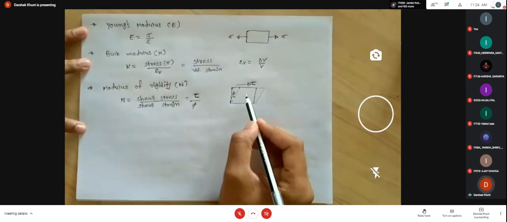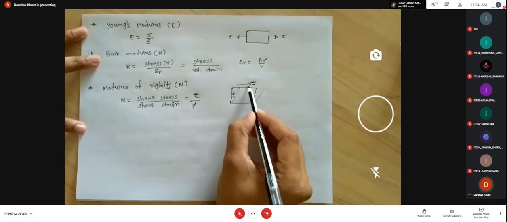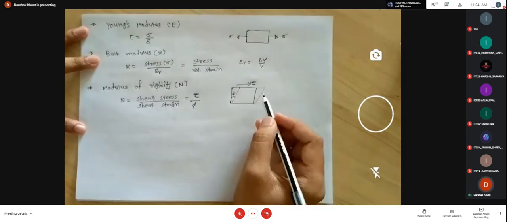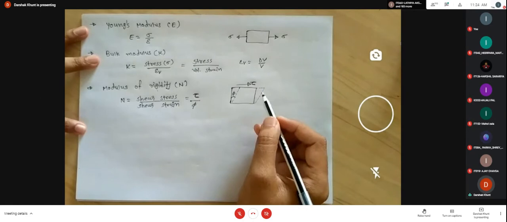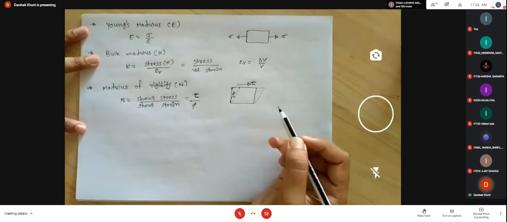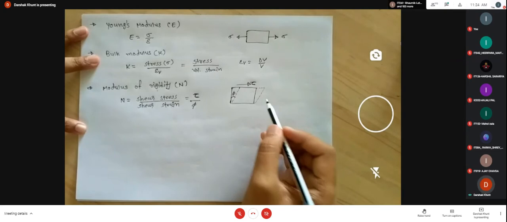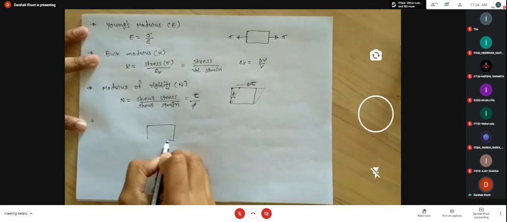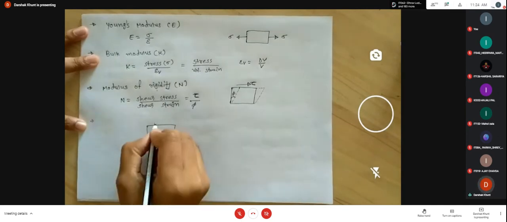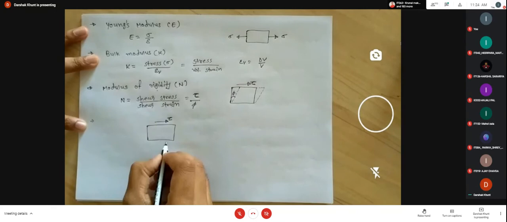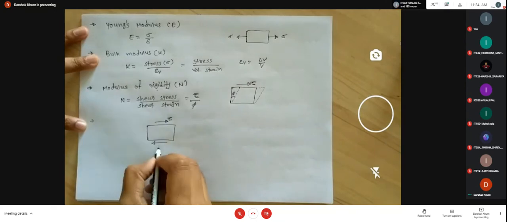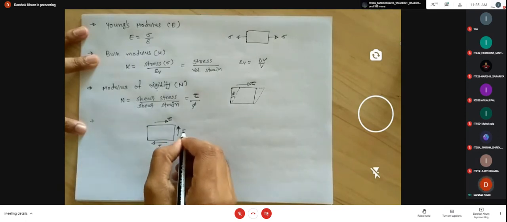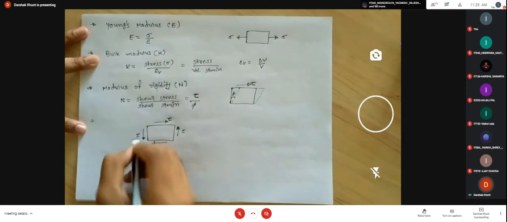Now in any material, if any stresses act in the form of shear stress, then for equilibrium, a balancing shear stress always acts with equal intensity at a right angle to it. If any section is like this and shear stresses act in these directions, then for balancing the shear stress, at 90 degrees to this stress, an opposite stress is always there.